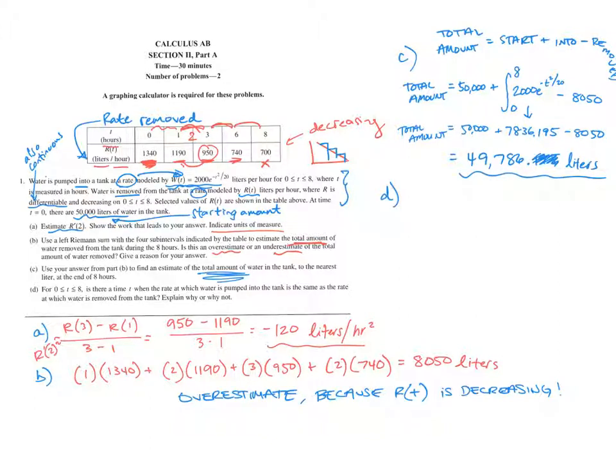And lastly, we're on to part D. For part D, we're going to compare the rates going into the tank and out of the tank, and I'm going to write a function to represent that. We'll call it A(t). A(t) is in memory of Amber Williams.